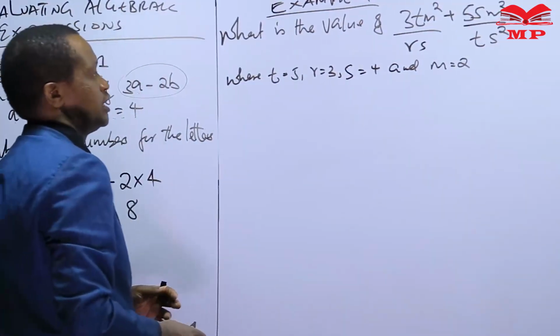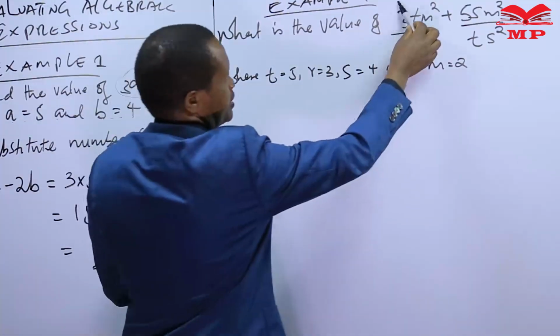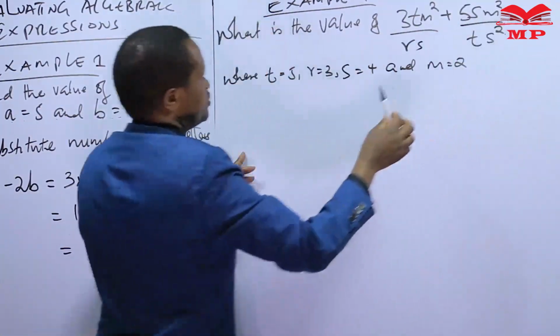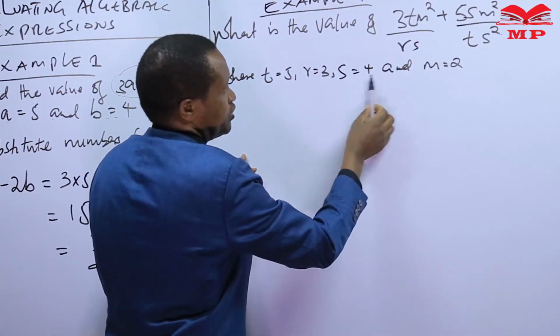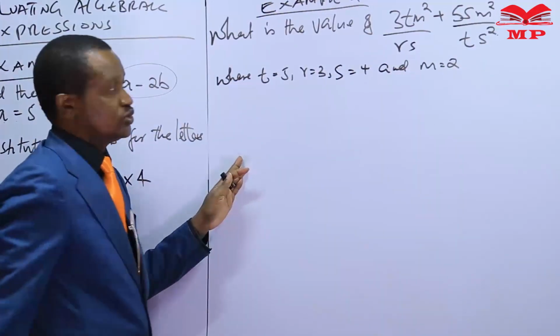So how do we get the value of this algebraic expression where t is equal to 5, r is equal to 3, s is equal to 4, m is equal to 2?